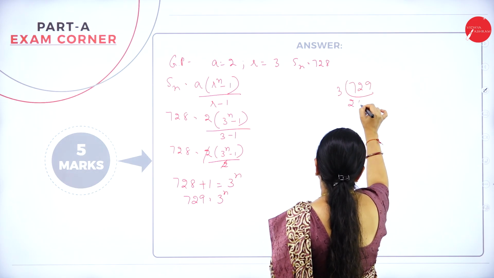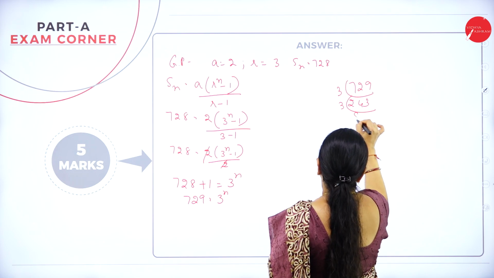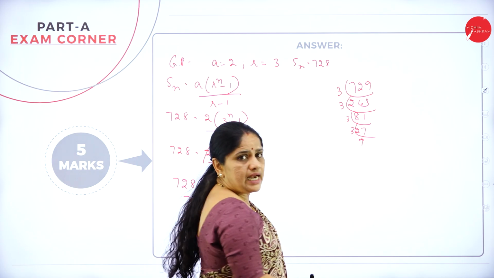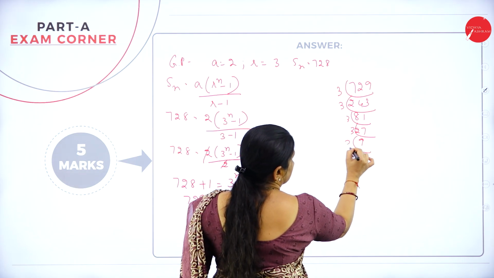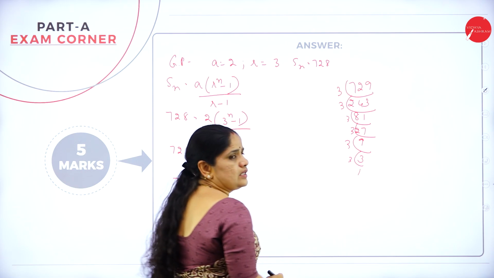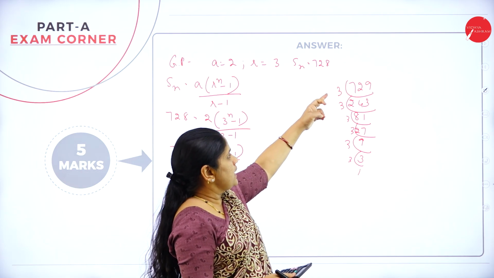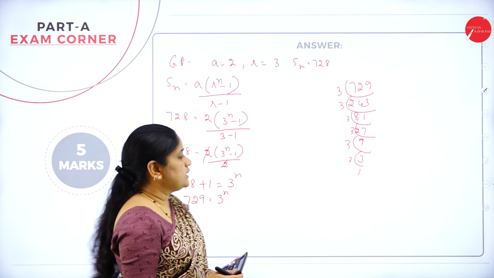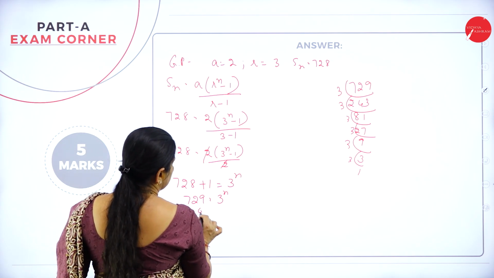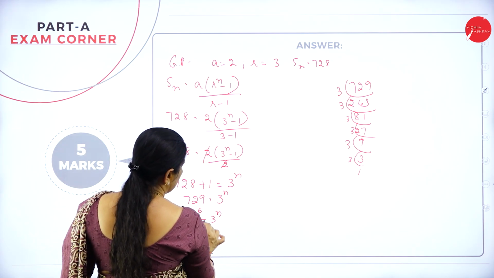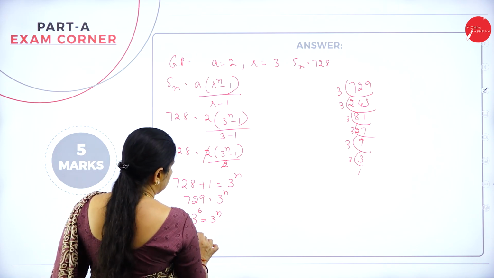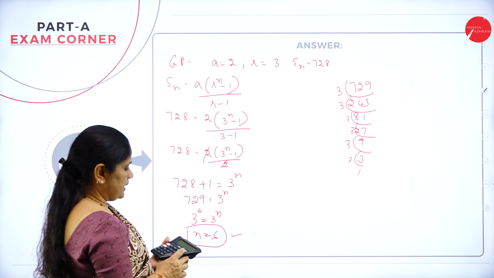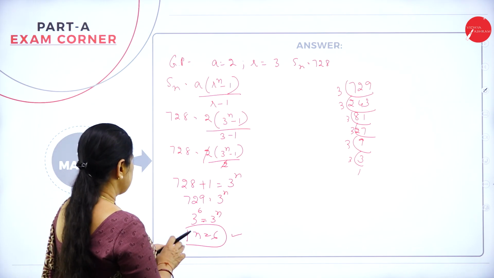When we factorize this, we get 3 to the power 6. So 3 to the power 6 equals 3 to the power n. When the bases are same, powers can be equated. So n equals 6 is the answer. Now the next problem.